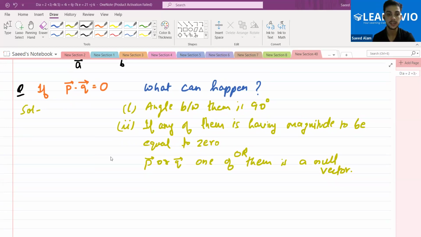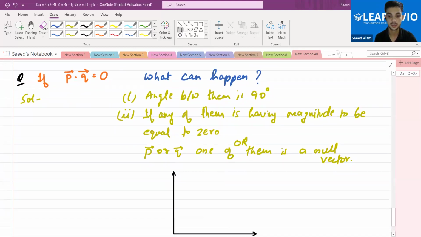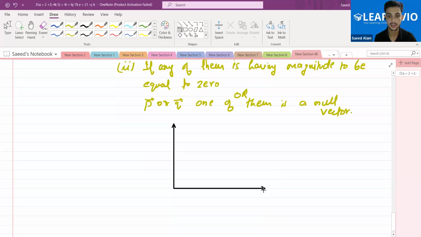Okay, so now tell me one thing. Let's say that we are having the three axes over here. Can you people see this, that this is the x, this is the y, and this is the z? Yes, sir.